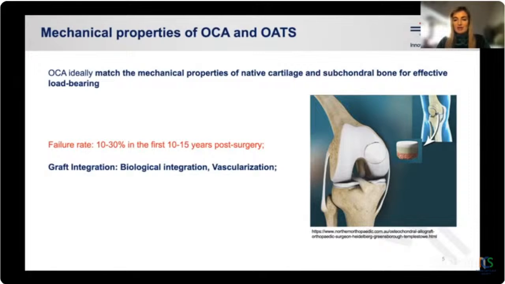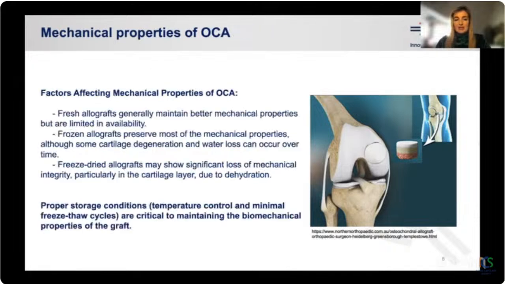So it's very important that they fully integrate into the cartilage tissue. Of course, there is a failure rate of up to 30% in the first 10 to 15 years. Usually it is due to biological integration, vascularization, and so on.